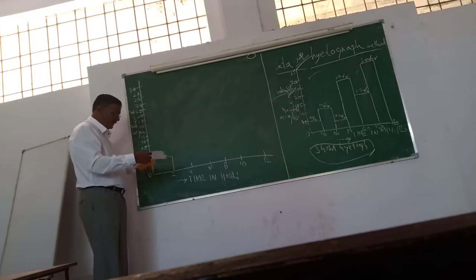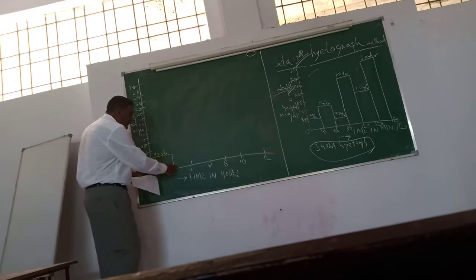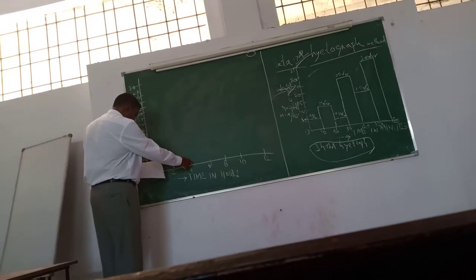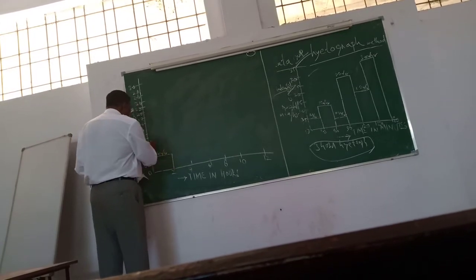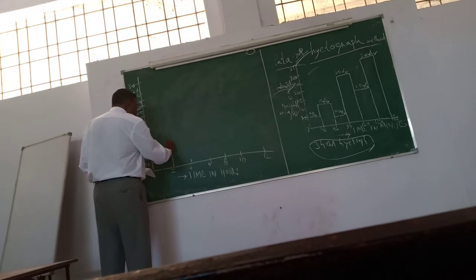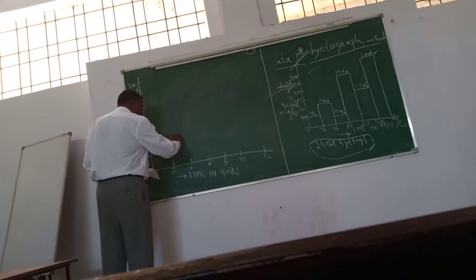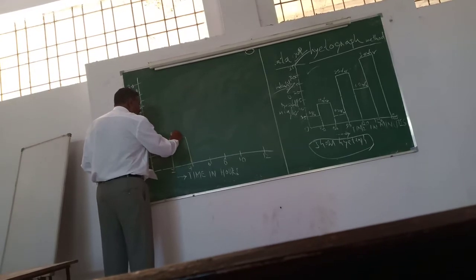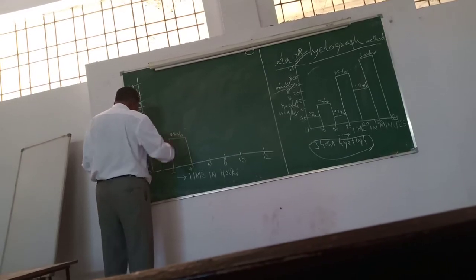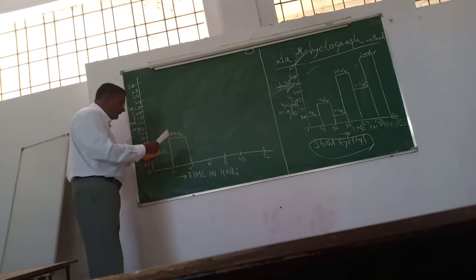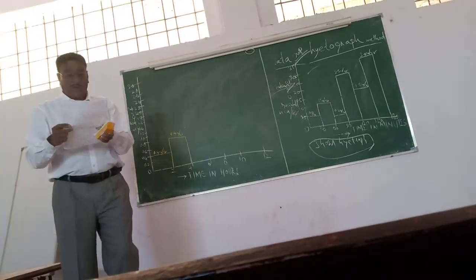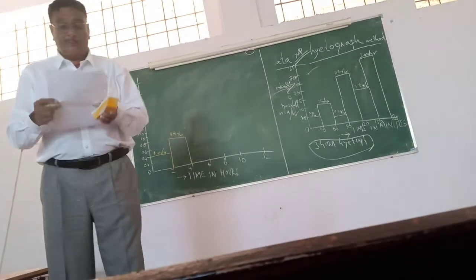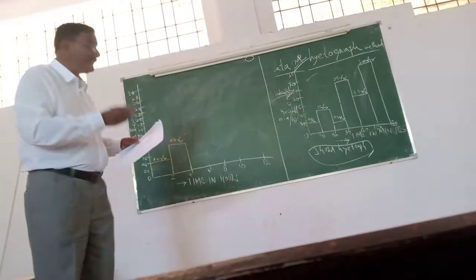Next will be for the next 2 hours. Next 2 hours, it is 0.8. 0.8 is somewhere here. 0.8 centimeter per hour. You write it here. Next, it has fallen down, very careful, from 0.8 to 0.7 centimeter per hour.